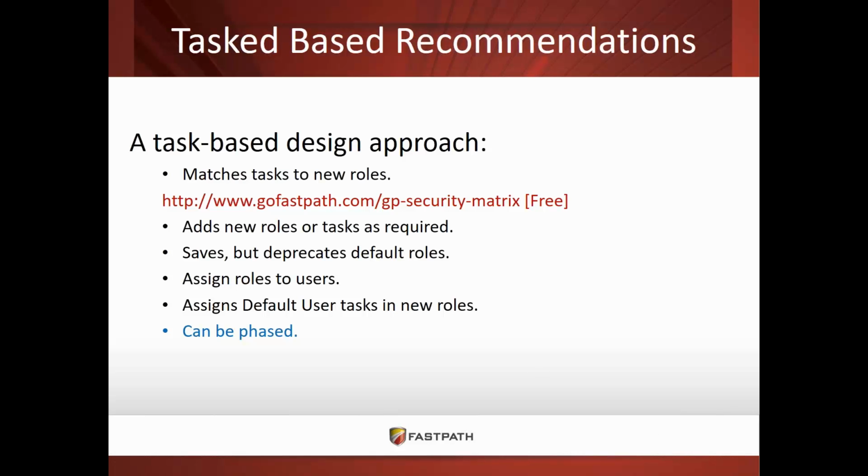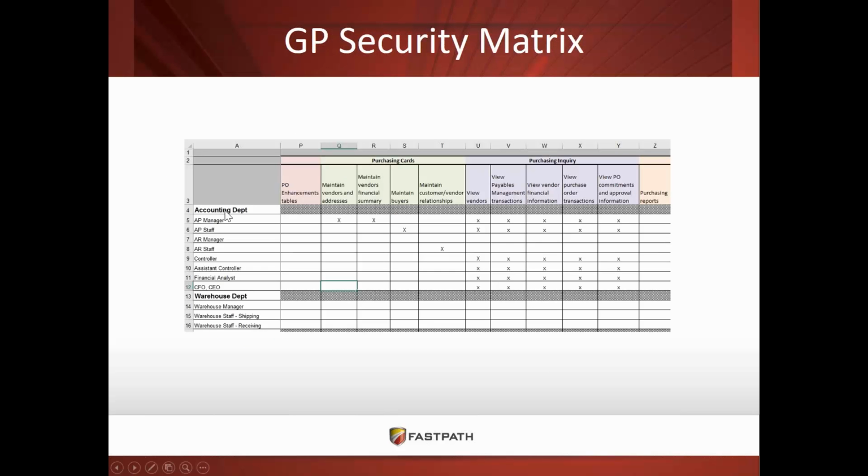And so the next slide is going to show you what this security matrix looks like. Basically you have your roles going down the side, and you can split it up based on the different areas, etc. And then you have your different tasks. We break those tasks down based on the way they're broken down in GP: cards, inquiry, transaction, utilities, etc. Then you go through and say, okay, for this particular role, what do they do on a daily, weekly, monthly basis?